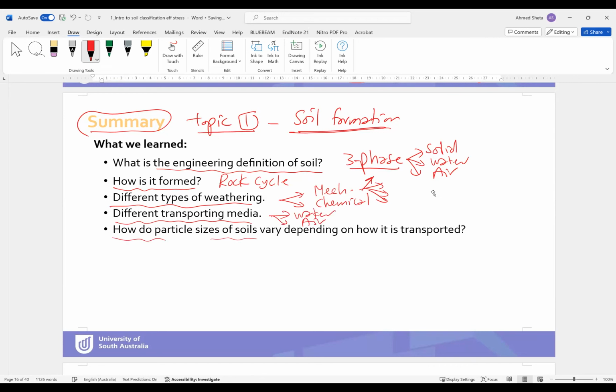How does the particle size of soil vary depending on how it is transported? As we mentioned, the wind can only transfer or move the finer parts. Glaciers can move any size of particles from boulders to silt or clay, and so on. So this is a summary of what we have done up to now.